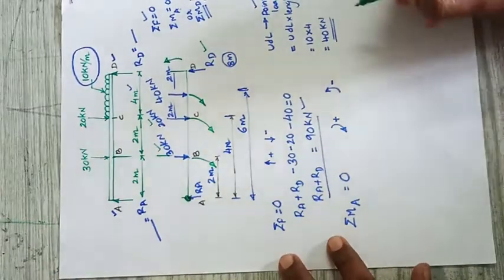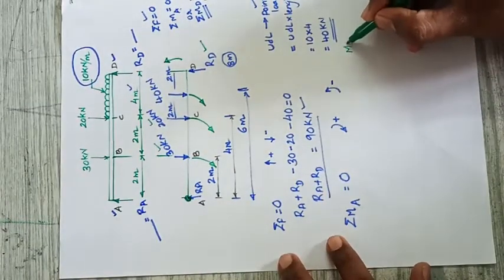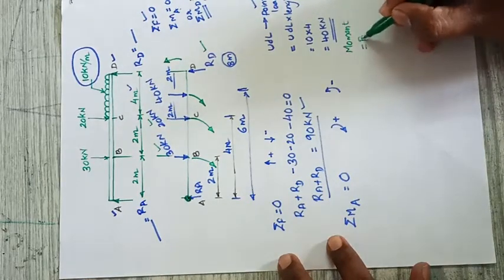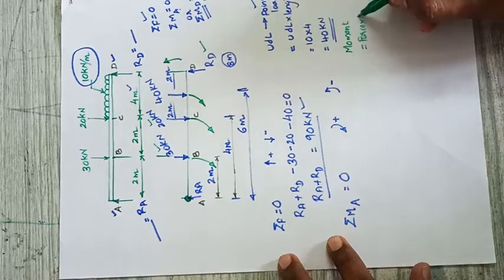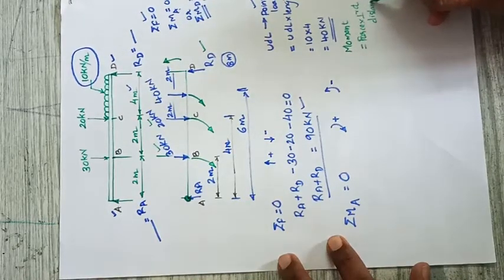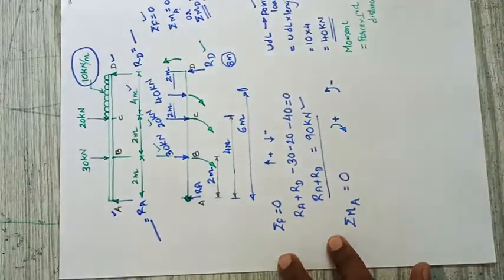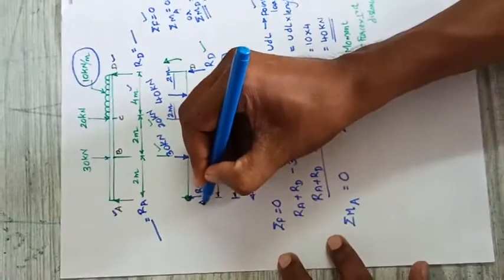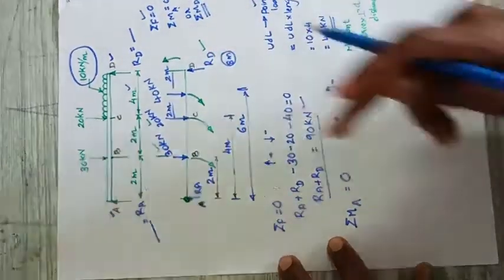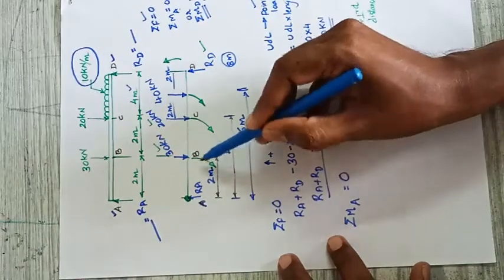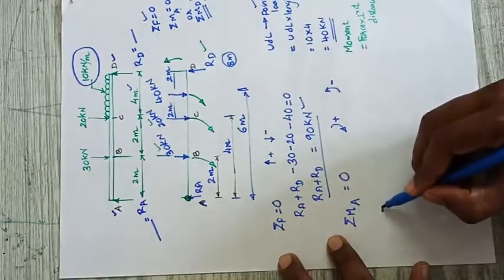What is the moment here? We define the moment as force into perpendicular distance. This perpendicular distance is from the point of application to the reference, point A. First I will take 30 kilonewton. I know that it is acting clockwise, so it is plus.